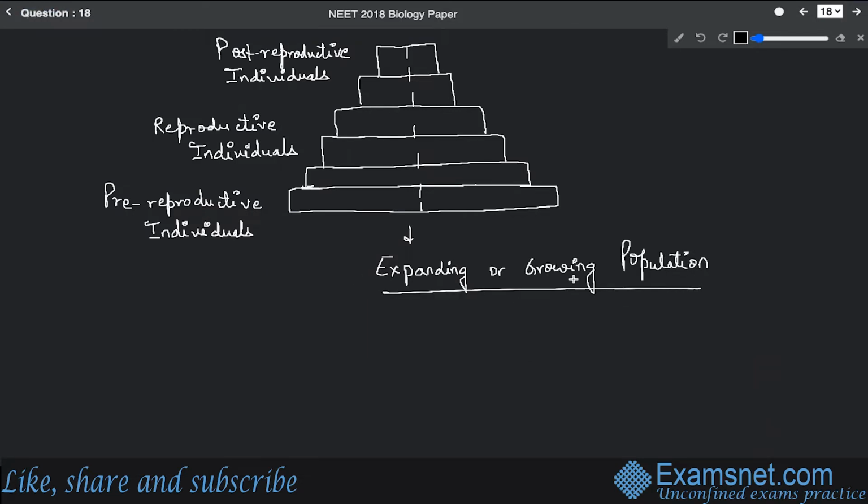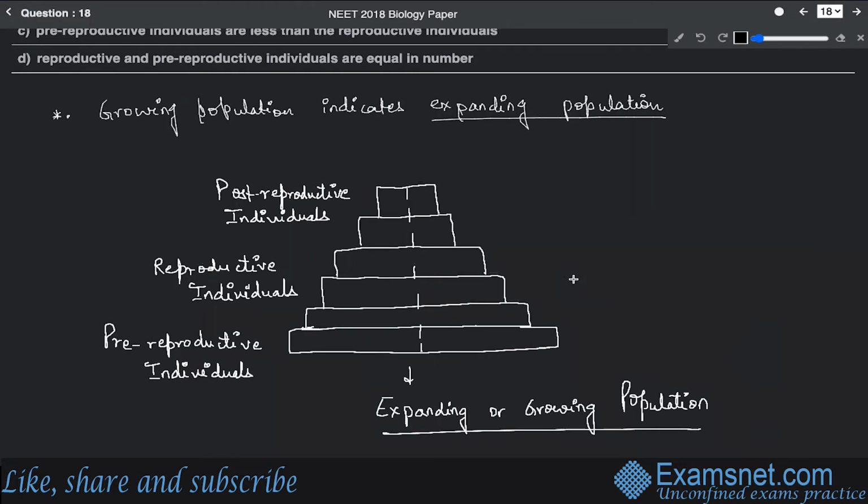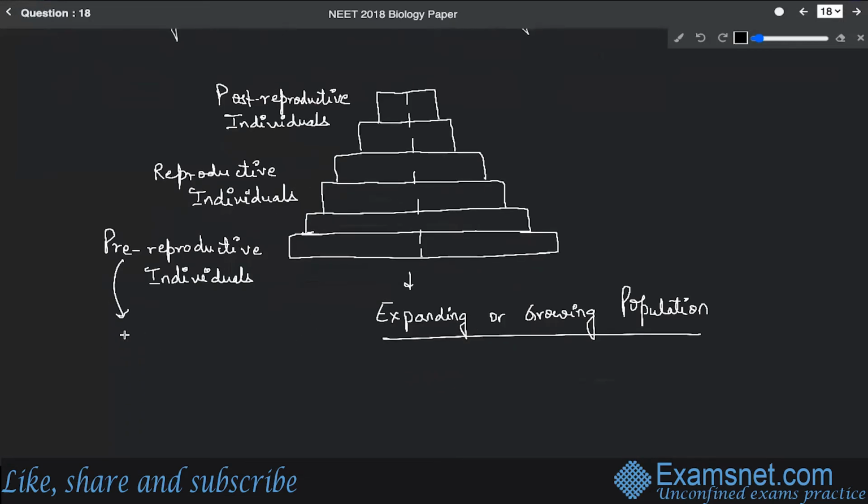All right. So with this, we can see that the pre-reproductive individuals are more in number.